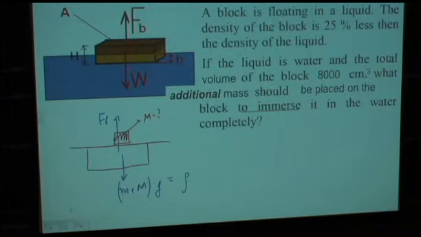And the buoyant force should be equal to the density of this liquid times, now, because this whole block is below the surface, the volume of this whole block times G. So again, cancel G, cancel G. What we're looking for is the big M, and big M will be equal to the density of the liquid times the total volume of the box minus little m, and the little m, the mass of this box, equals the density of the material the box is made of times the same total volume.